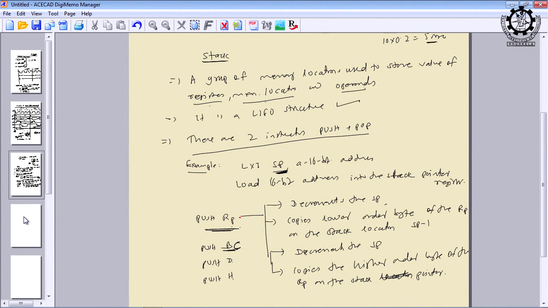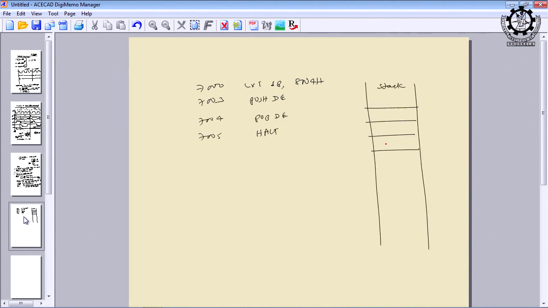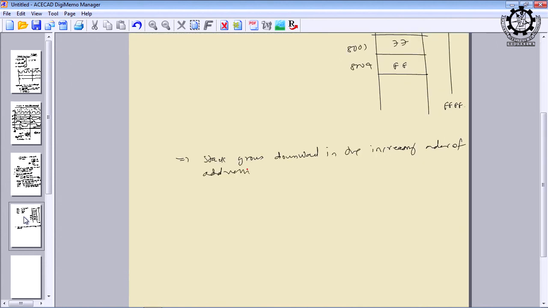Similarly, there are also pop operations. Pop is the reverse of this. So, we can demonstrate how push and pop operations work. Suppose this is your stack.